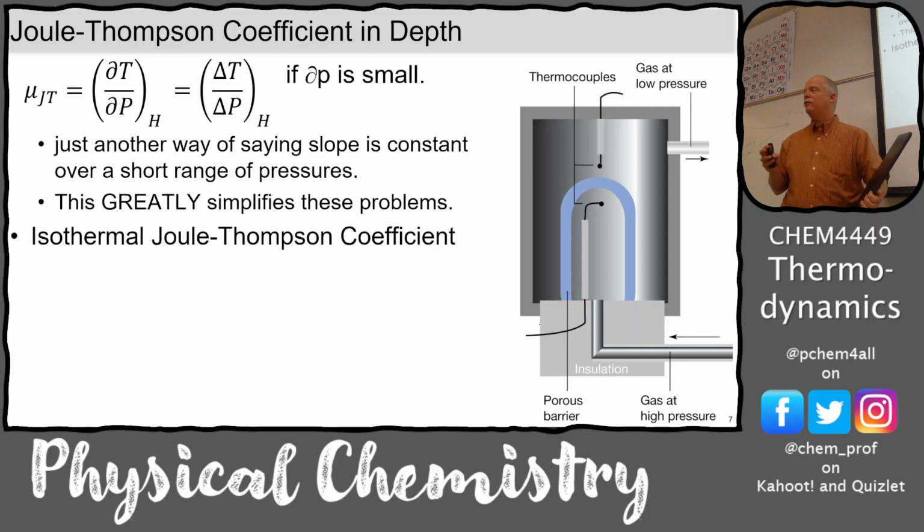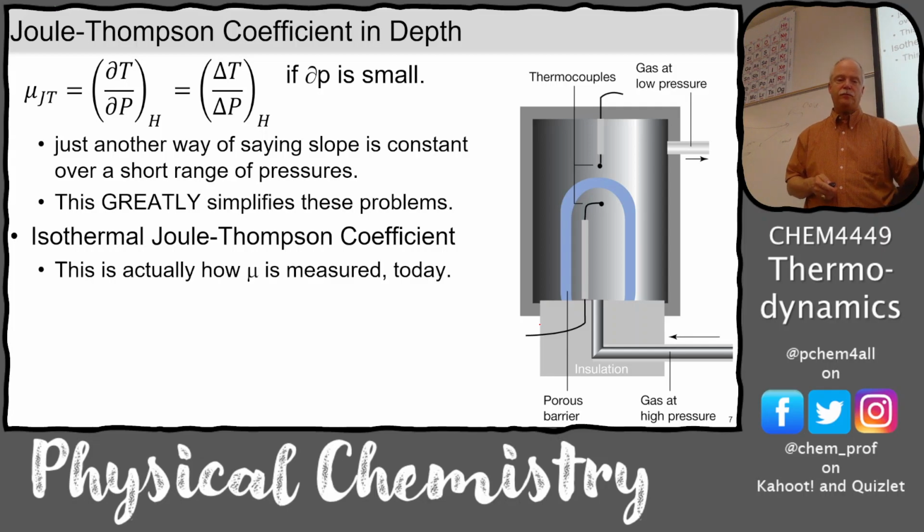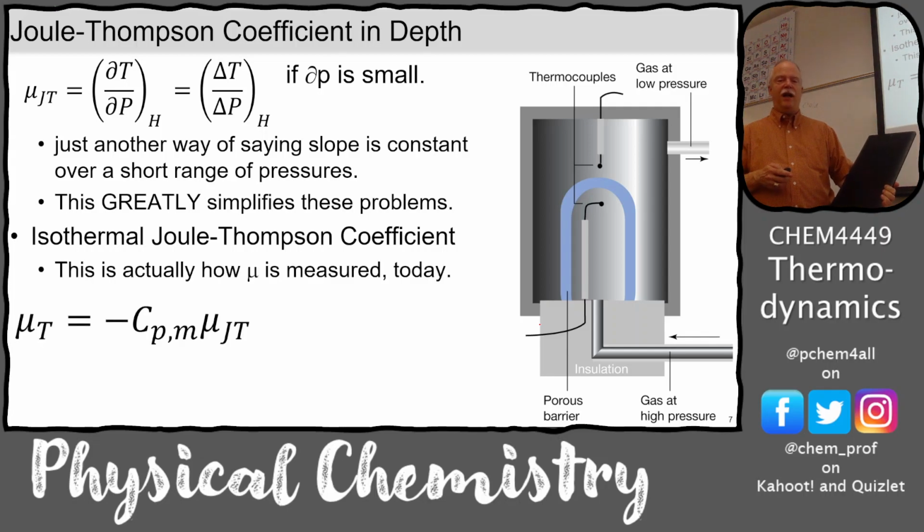So those are very different terms. So just make sure that you are paying attention to whether it's the isothermal Joule-Thomson coefficient or the Joule-Thomson coefficient. And this is actually how that mu is measured today. This isothermal Joule-Thomson coefficient is different from the Joule-Thomson coefficient by the heat capacity at constant pressure.